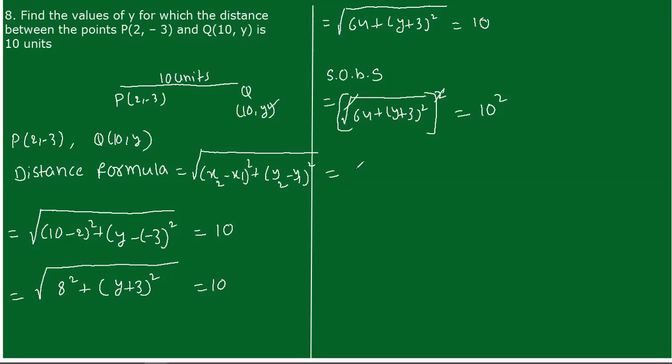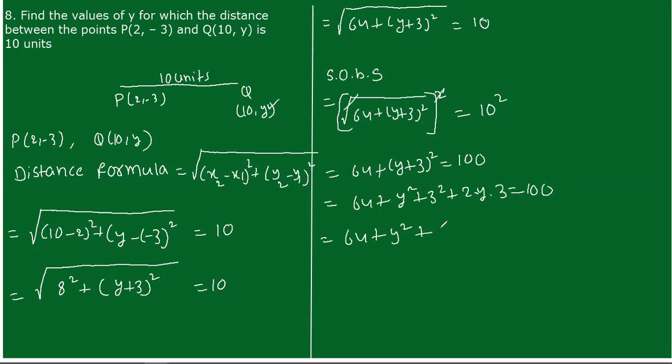The remaining value is 64 plus (y plus 3) whole square, and 10 square means 100. Now I have to expand (y plus 3) square as per the formula (a plus b) whole square: y square plus 3 square plus 2 into y into 3. So 64 plus y square plus 9 plus 6y is equal to 100.